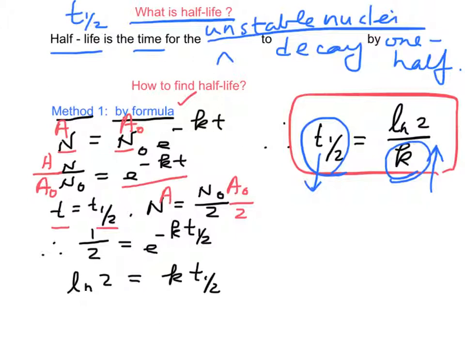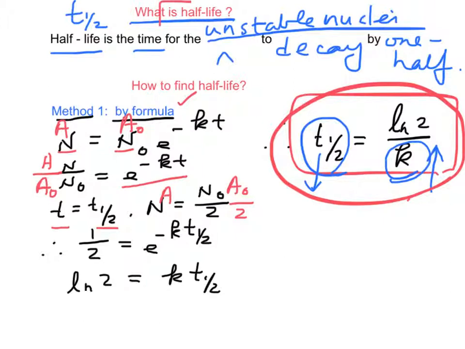And we get the same formula for the half-life time. Therefore, half-life has another definition. We can say half-life is the time for the activity to decrease by 1/2.